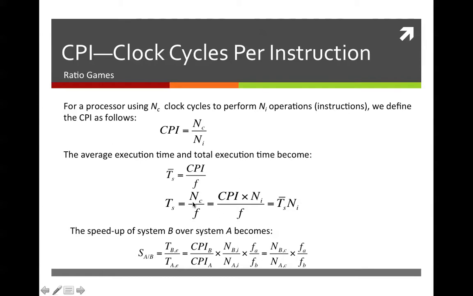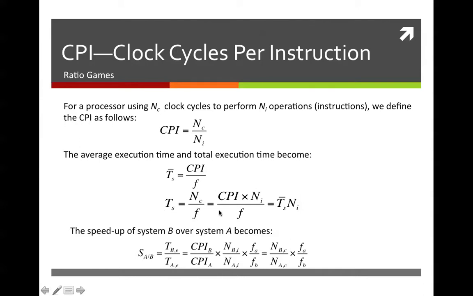And now this, of course, we can replace NC by CPI times NI. And you can see that then gives us simply from this formulation CPI over F is equal to TS bar, and then we get TS, that is TS bar times NI. So if you know the average execution time and you take the number of instructions, that gives you the total service time.